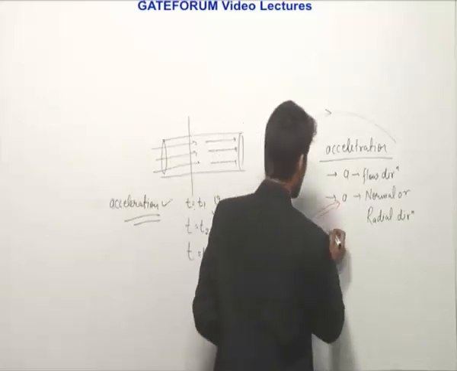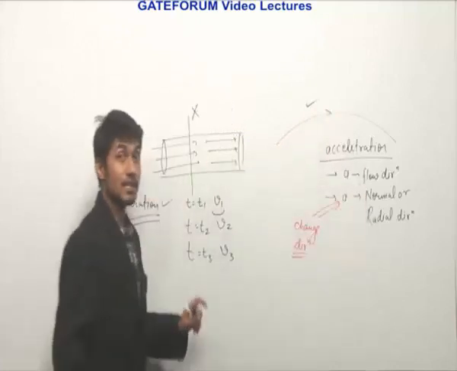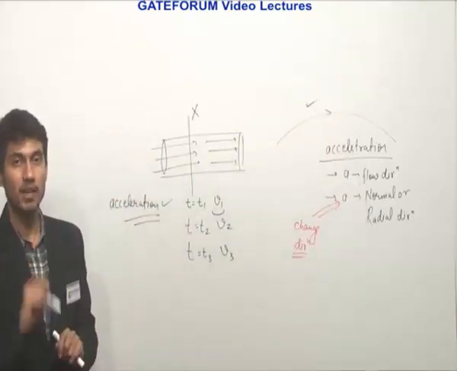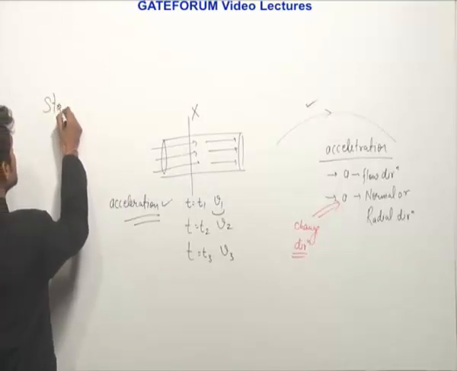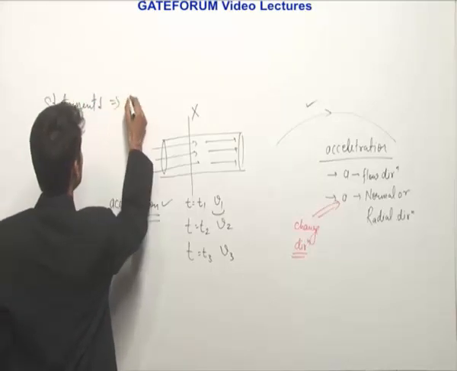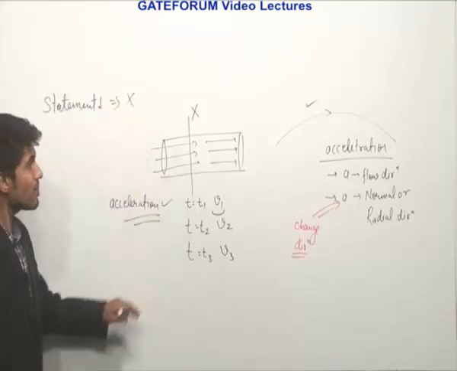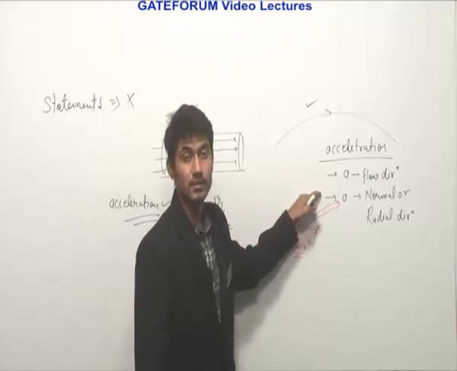No, normal acceleration will not be there until curvy motion is mentioned. So here in statement 1, it is not given that motion is happening in a curve. So statement 1 does not look correct to me. Why? Because it is mentioned only unsteady, it is not curvy.